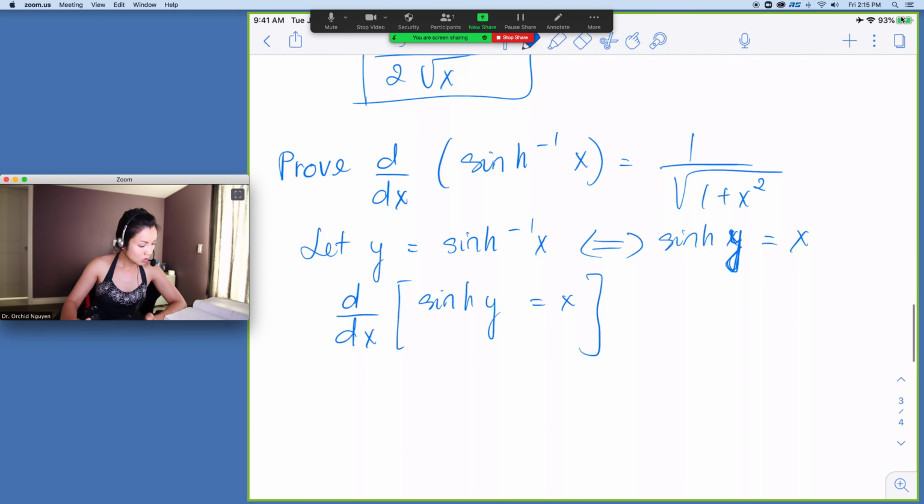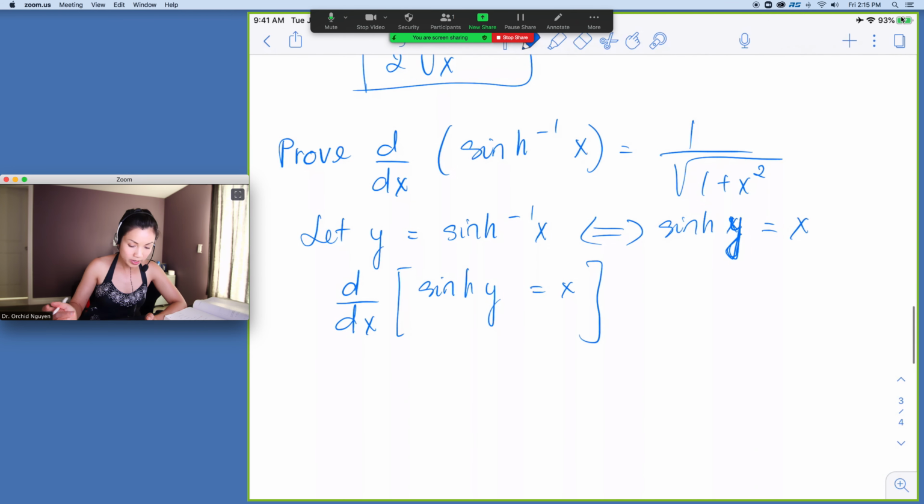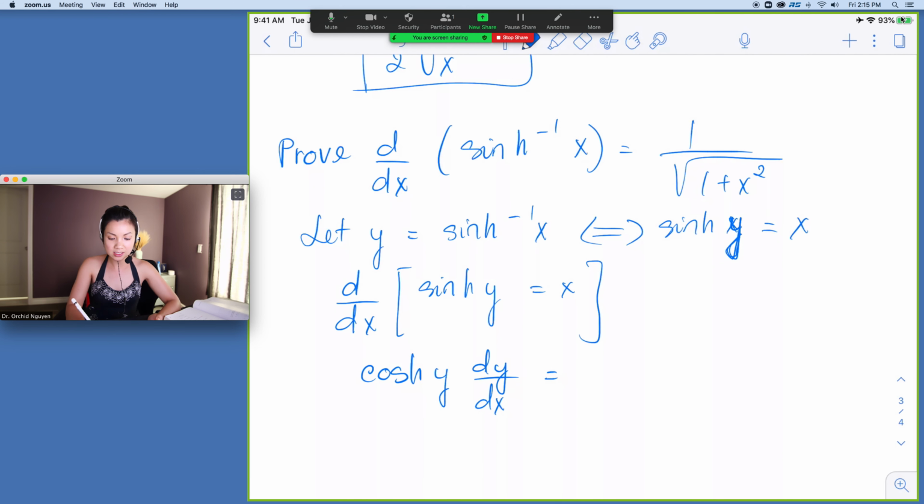So what do we have here? We have hyperbolic cosine of y. Don't forget the chain rule, so I still have to include dy over dx. And then the derivative of x is just 1.